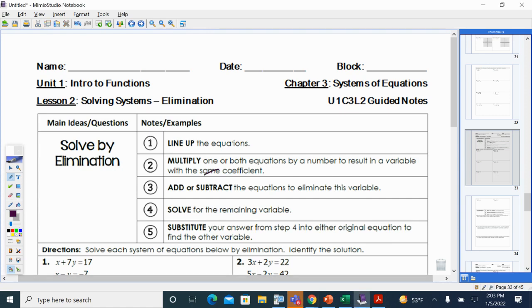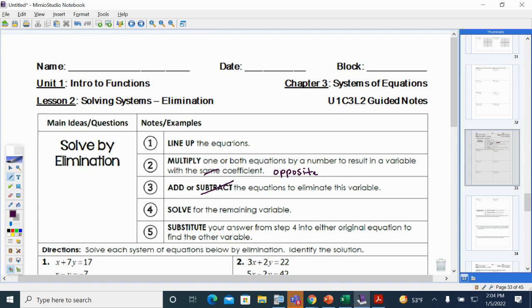We want opposites. And the reason why we want opposite coefficients is so that we can then add. I'm going to be honest, in 27 years of teaching, what I have learned is students do better if they can just add.